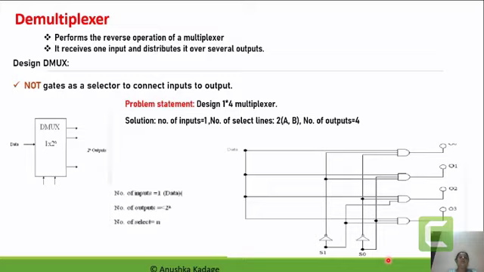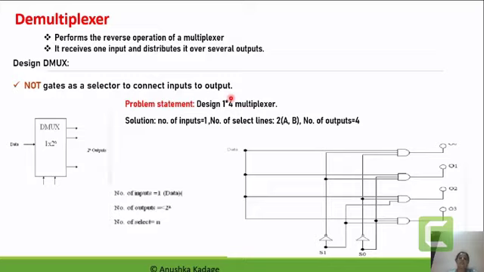Again, to specify on which output line the data is to be presented, the select lines are important, and those select lines will also be specified in the case of the demultiplexer as a value of n, where n is the power value for the number of outputs of that demultiplexer block.